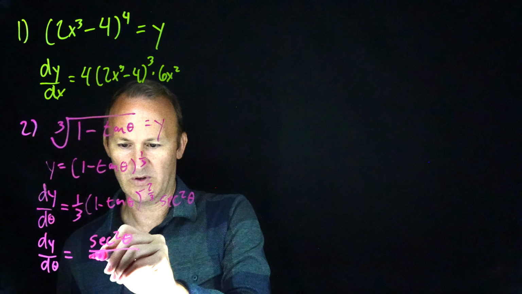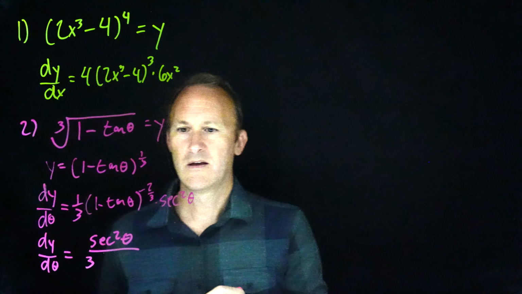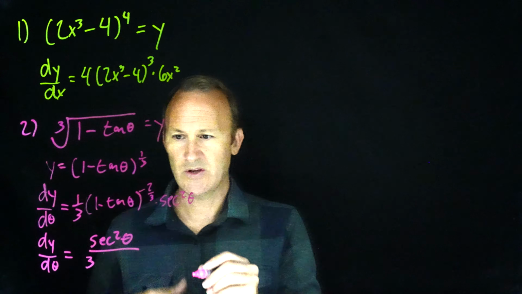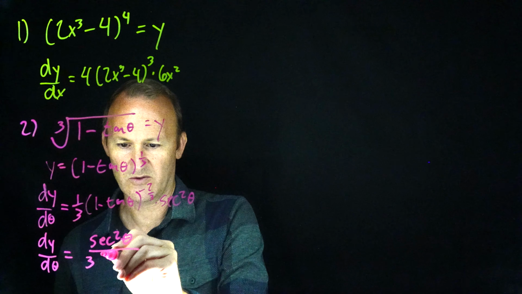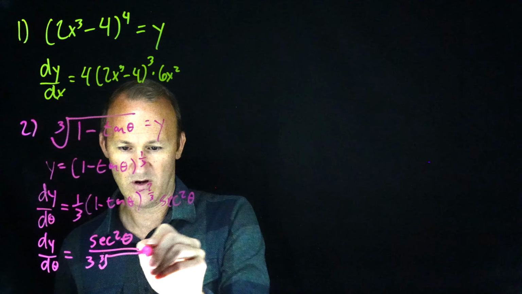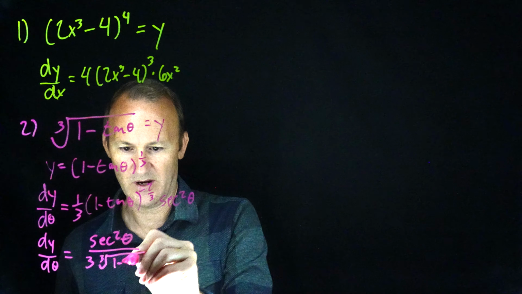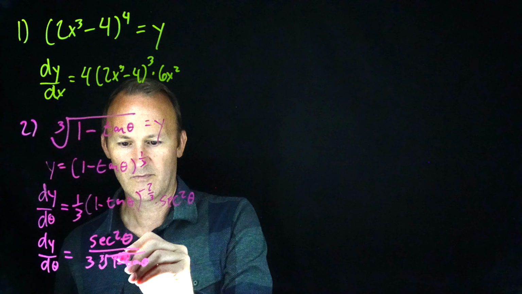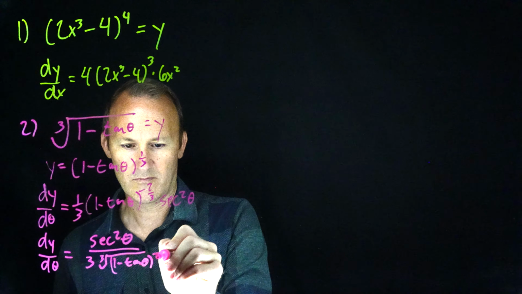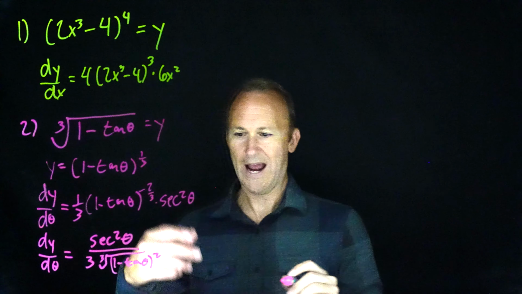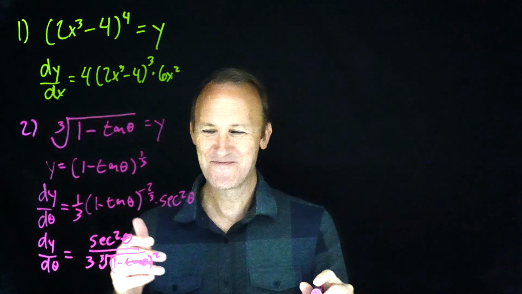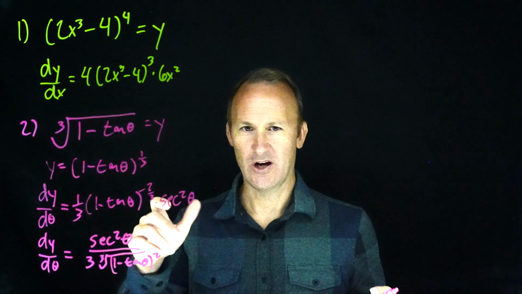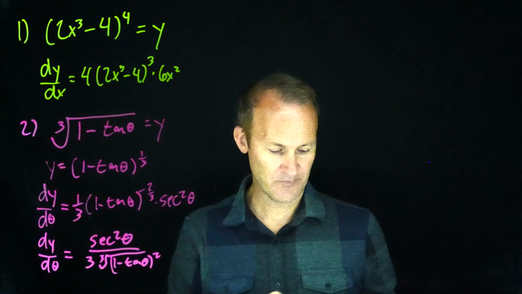In the denominator, we've got a 3. And then we've got, this would be a positive 2/3. One way you can express positive 2/3 is with a cube root. That's the cube root of 1 minus tangent theta, squared. So these are actually equivalent. It's just the way negative exponents work.